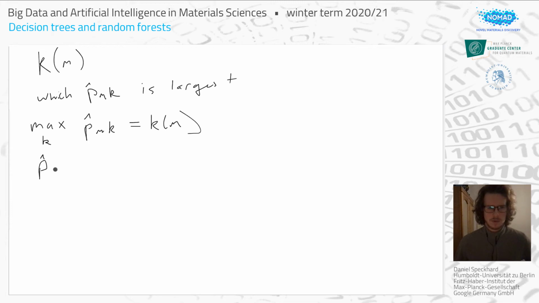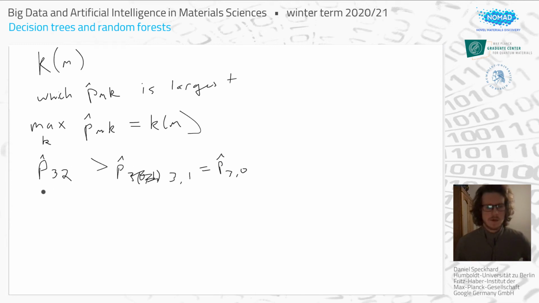So in our example, for region 3, the estimated probability for class label 2 was larger than the estimated probability of region 3 for class label 1 and for class label 0, which were both 0.